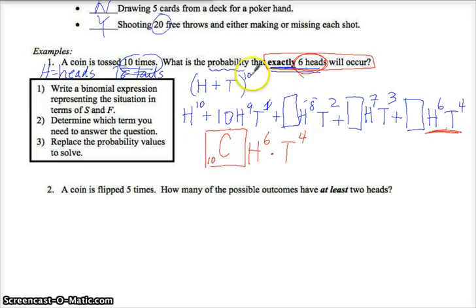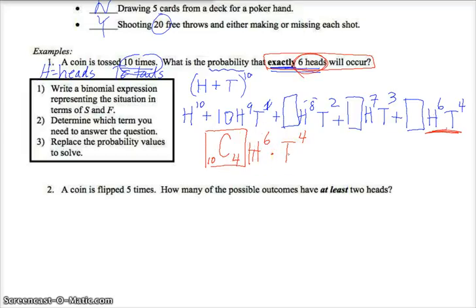We took the total number, the exponent, which is the number of trials in this case. So if this is a 10, then this is a 10 here, the first number. And then what was our second number? Do you remember? That was represented by the letter K, which happens to be this number here. So it's 10 choose 4. You could even make it 10 choose 6. It's not going to matter.